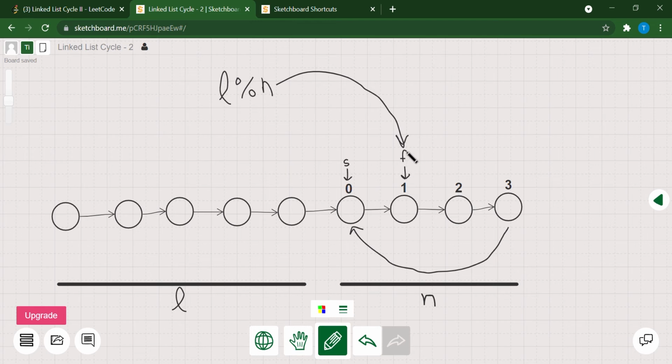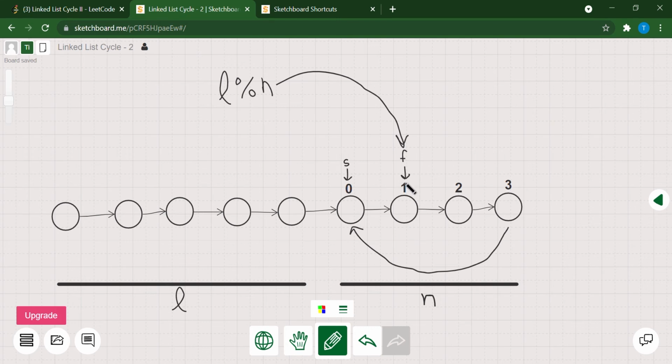Now what I want to find out is how many iterations it will take for this fast pointer to catch up to this slow pointer. An important point to note here is that in every iteration, the fast pointer gets one node closer to the slow pointer because they're inside a cycle.